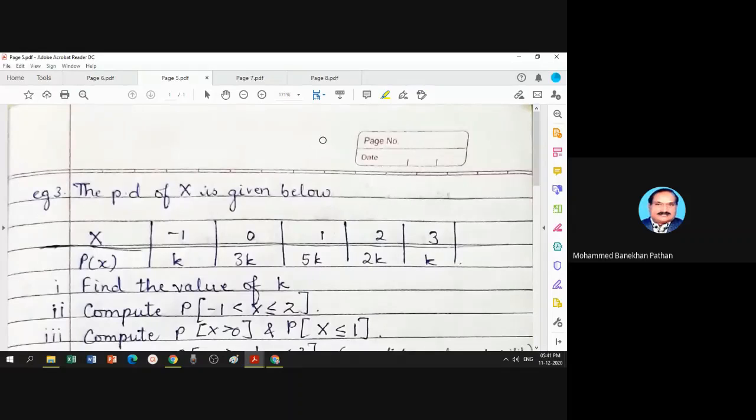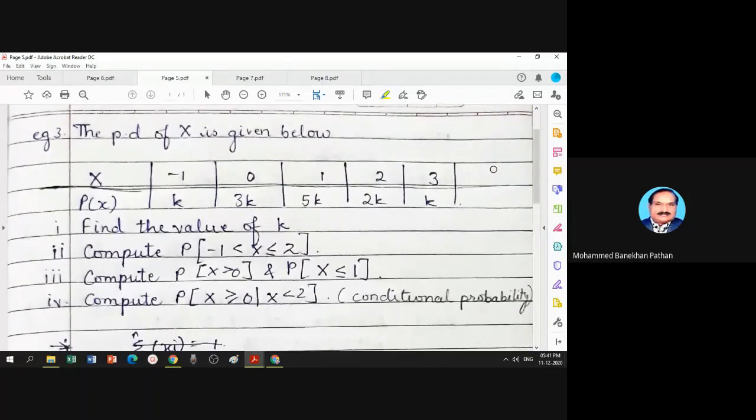Now today we'll see some different types of examples based on the probability distribution, or you can say based on probability mass function. So let us see example number 3. The probability distribution of capital X is given below. X takes values -1, 0, 1, 2, and 3.